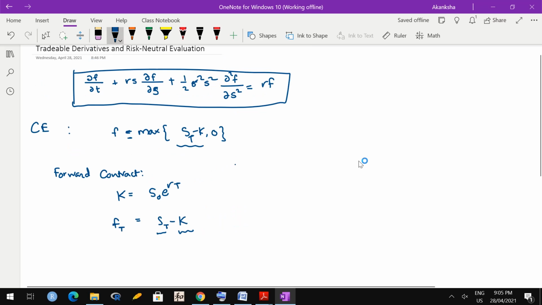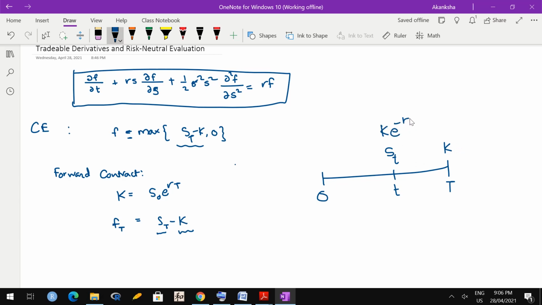Okay, so at an in-between time point, what would be the worth? Let me draw a picture. This is 0, this is capital T, somewhere here I have small t. So here if I want to evaluate the worth of a forward contract, now at this time point my share price is S_t, and a payoff of K here is equivalent to K e raised to minus r(T minus t), because we have to discount for this much time gap.